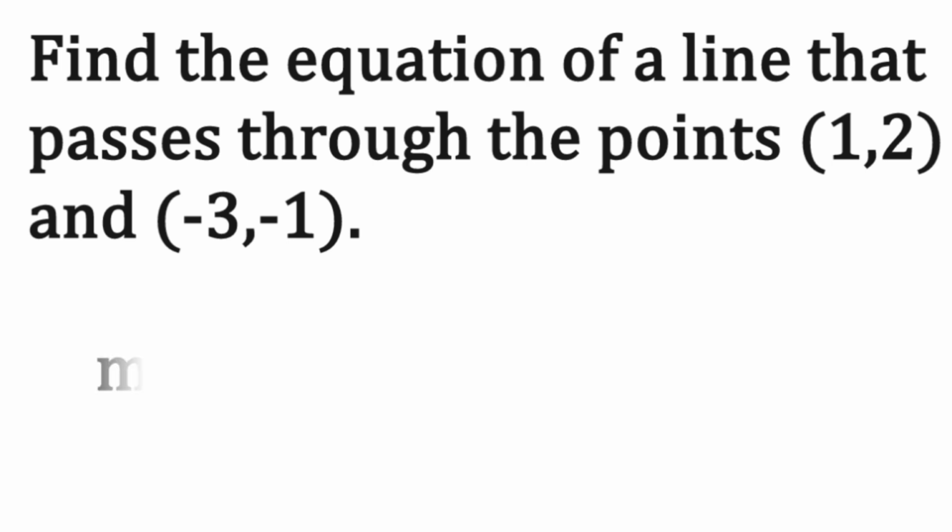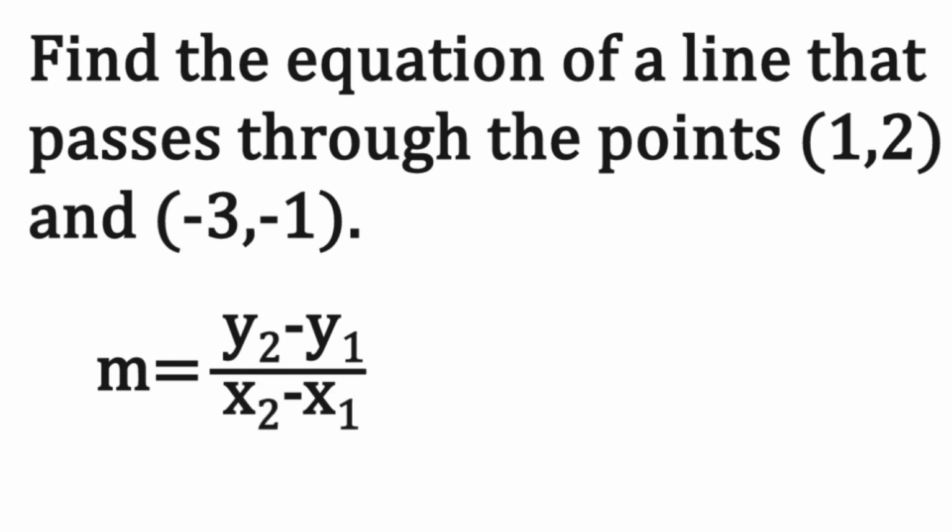The slope has the formula m equals the change in y over the change in x, so y2 minus y1 over x2 minus x1. In this case, our x1 is 1 and y1 is 2, and our x2 is -3 and our y2 is -1.